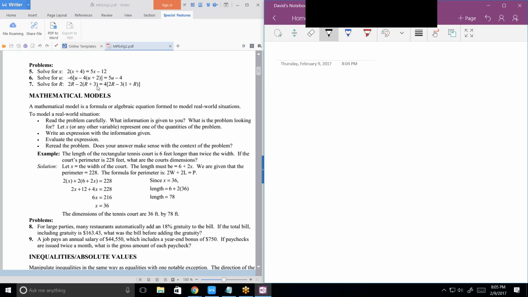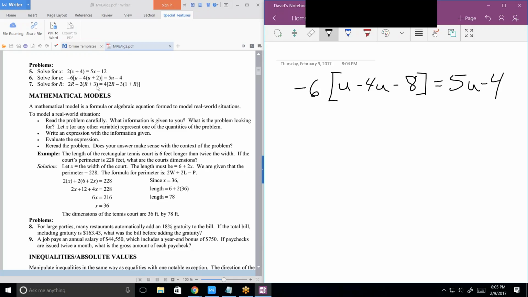Still got the minus x. I'll use brackets. Okay. Now what? It's going to be u minus 4u minus 8 bracket. Good. And that's all equal to 5u minus 4.